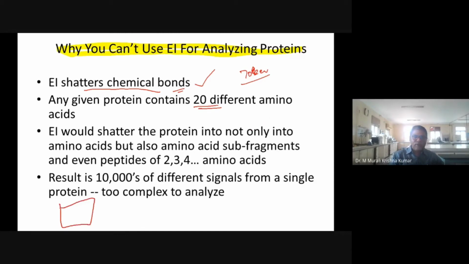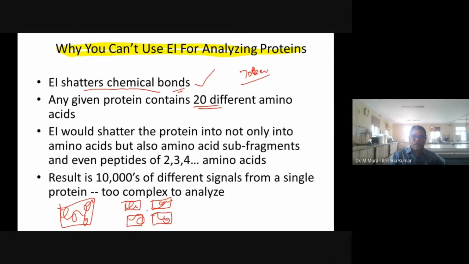Let's say you have a jigsaw puzzle like this, and when you break it into 4 pieces, here we have this, and here we have this, and here we have this, and here we have this.